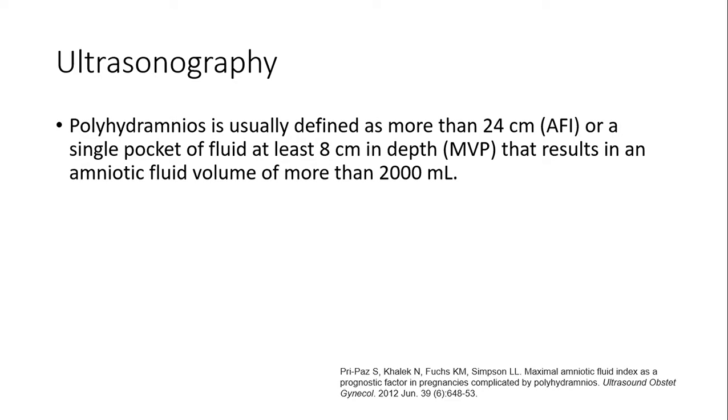Or if you do a single pocket fluid measurement, it should be at least 8 centimeters in depth. Usually polyhydramnios is considered when more than 2 liters of amniotic fluid is located inside the amniotic cavity.